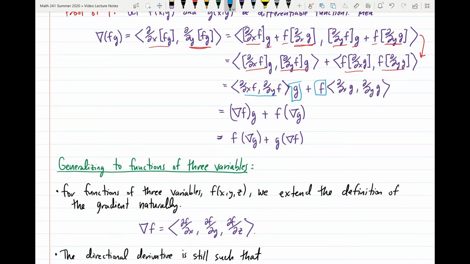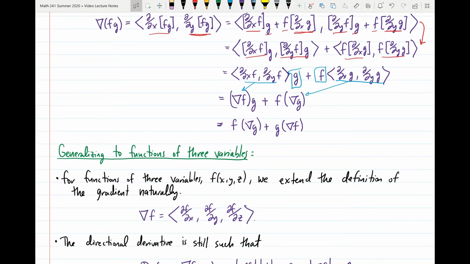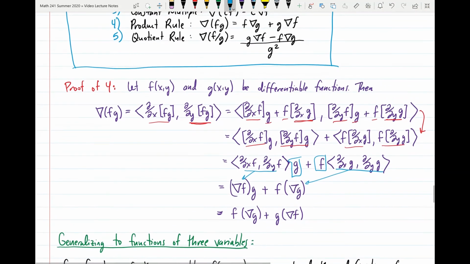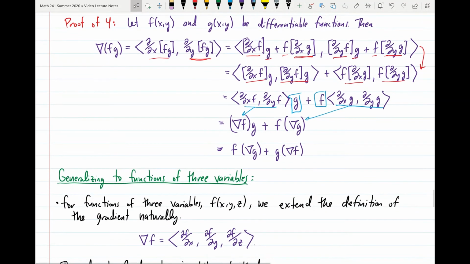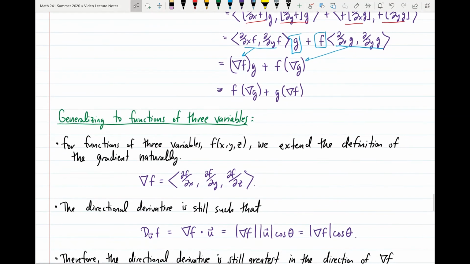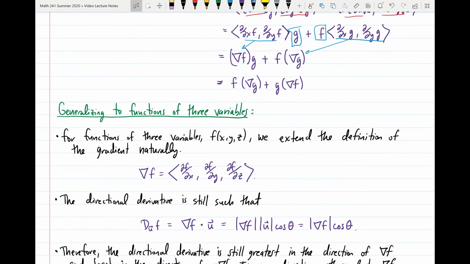And both of these vectors that are written here are just gradients of f and g respectively. So we end up with the gradient of f times g plus f times the gradient of g. And then to make it look like what we want it to look like, so we want it to look like f times the gradient of g plus g times the gradient of f, we just reverse the order of the sum here. And that should be the proof for the fourth property there.